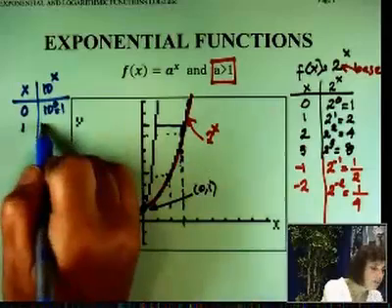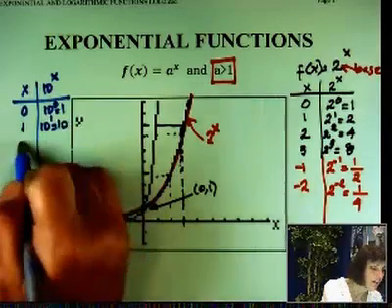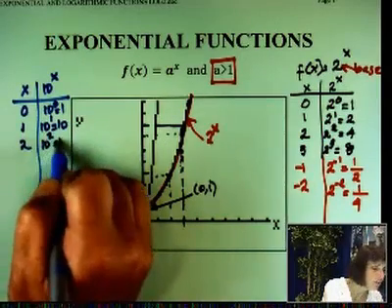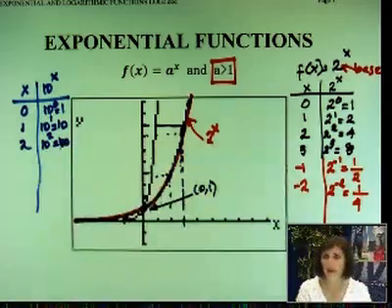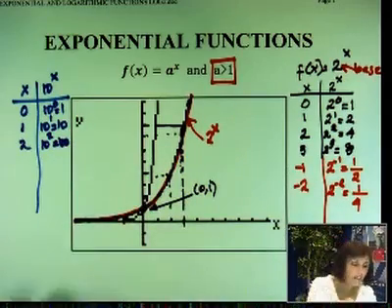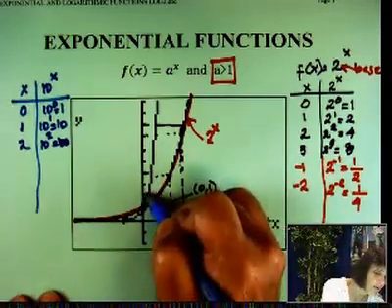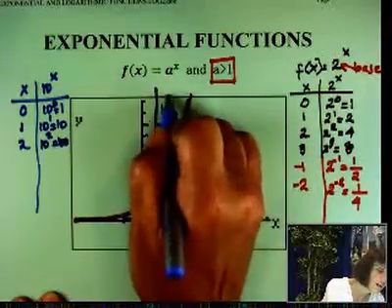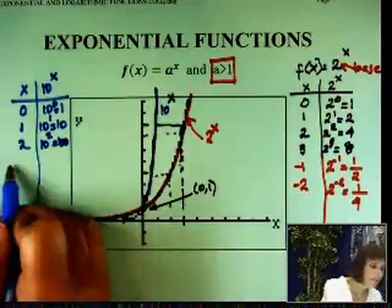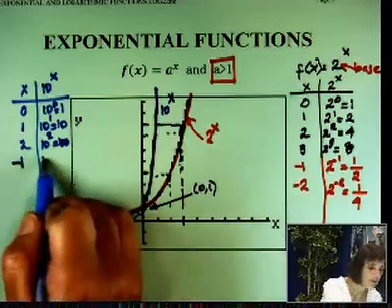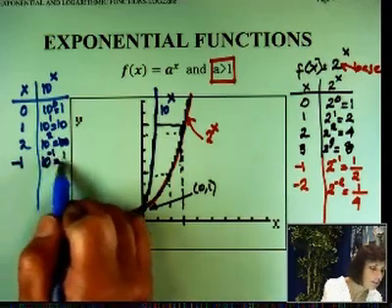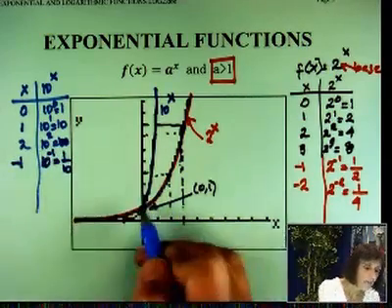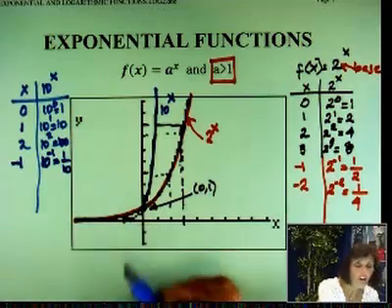When x is 1, this is 10 to the 1. When it's 2, it's 10 to the 2nd. So it's going to get very, very big, very, very fast. Are you with me? What will happen on the negative side? This is going to be 10 to the -1, which is 1/10. See what happened? It got small very, very fast as well.